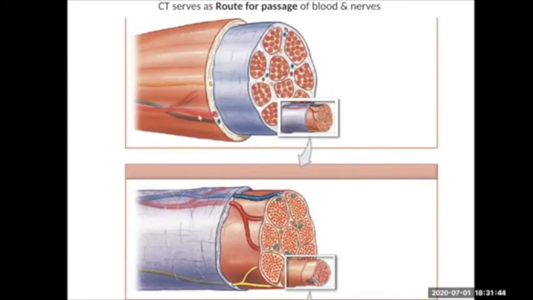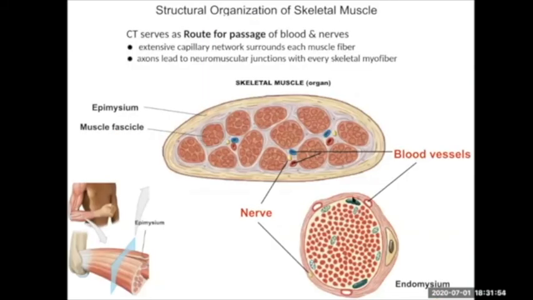You can see these blood vessels penetrating through your epimysium, and then through the perimysium, and then the capillaries will go out and penetrate and reach the individual muscle cells themselves, right? So those blood vessels, as well as the nerves, are going to be running through all that connective tissue to get to the actual cells, right?